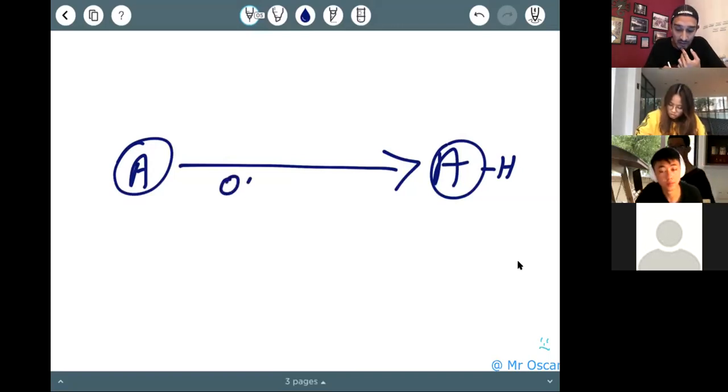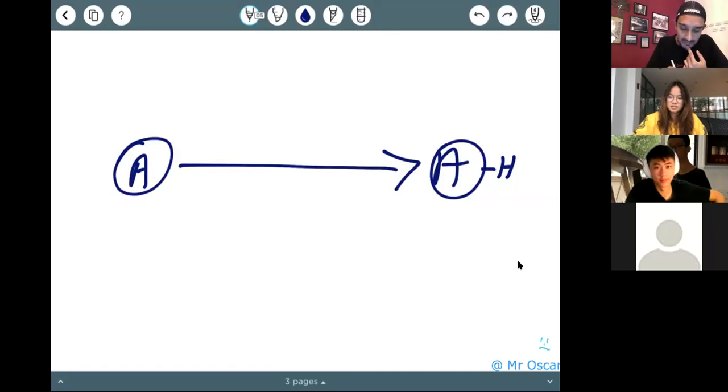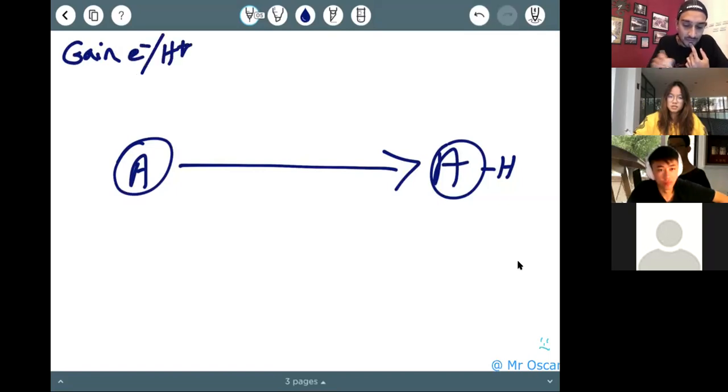So this was an oxidation. Wait, no, oxidation is losing an electron. It didn't lose, it gained. So that's why it's not an oxidation. My fault, sorry. Gain of electron or hydrogen. This is precisely the reason I quit chemistry.